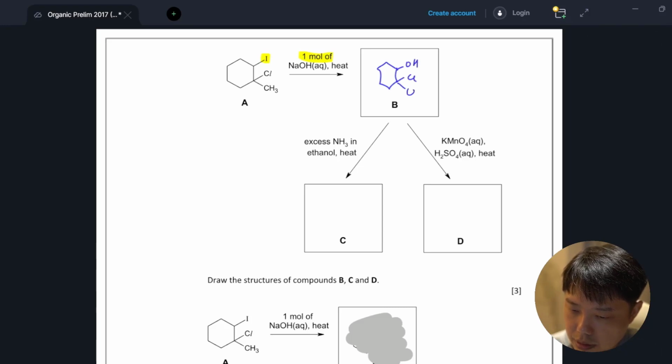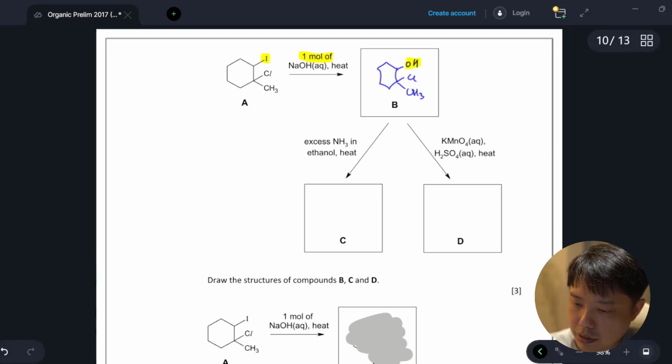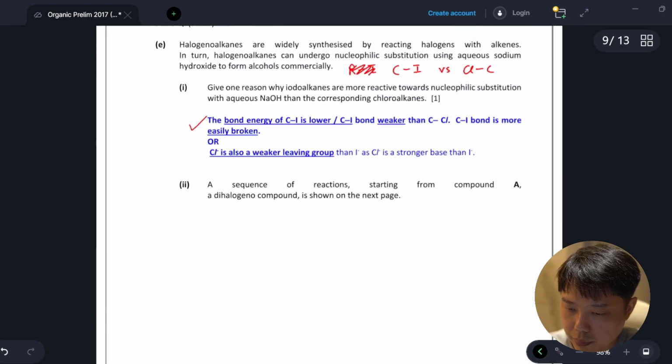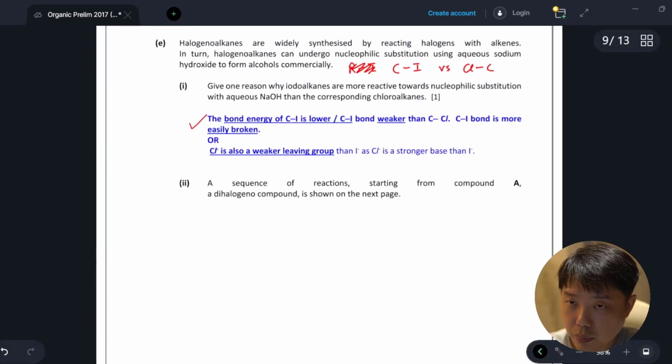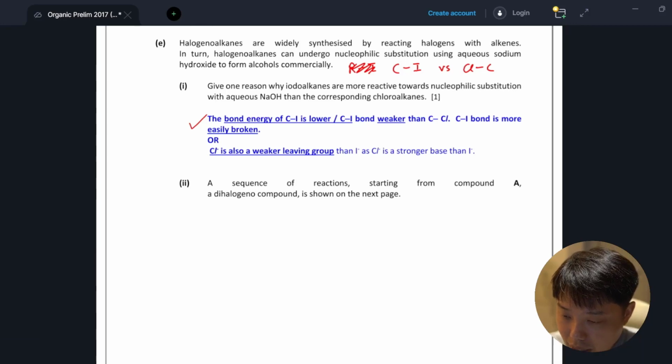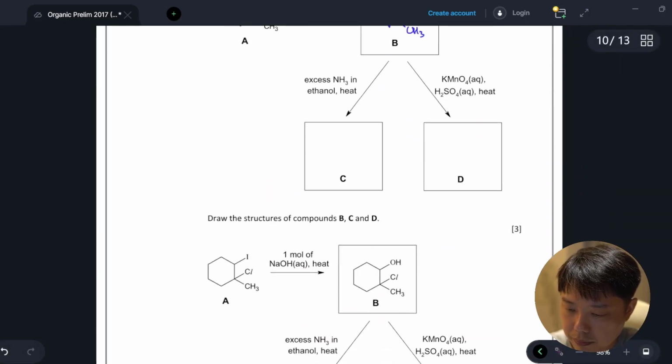The rest stays the same. Okay, so basically you substituted iodine for OH, which is actually what the previous question was trying to hint to you. It's easier to break C-I bond than C-Cl bond.